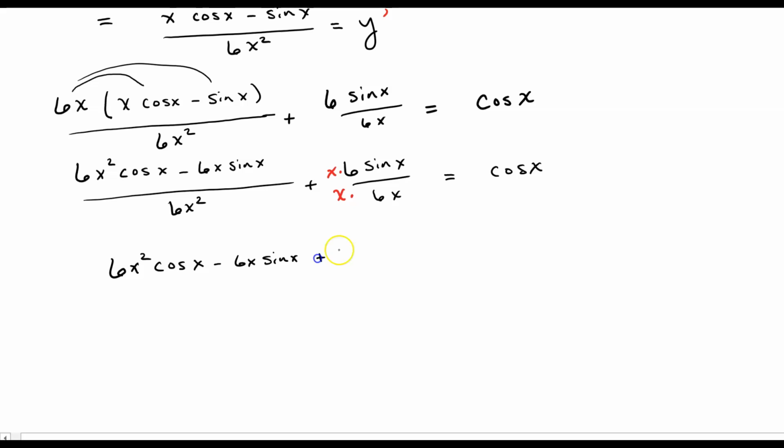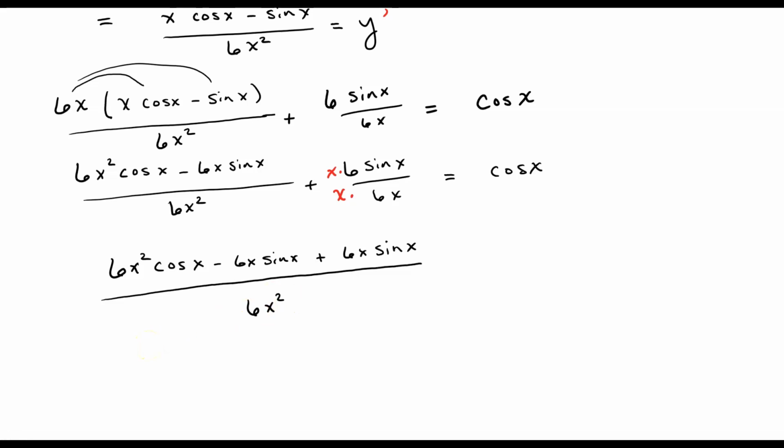We end up with adding 6x sine x, and all of this will get divided by 6x squared. So you should start seeing what's going on here.